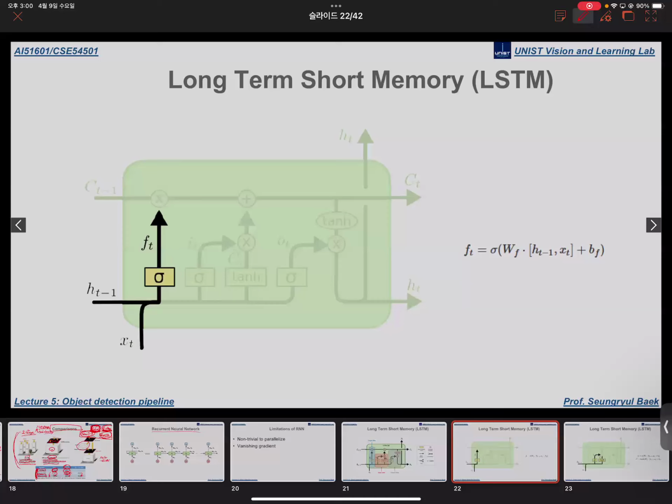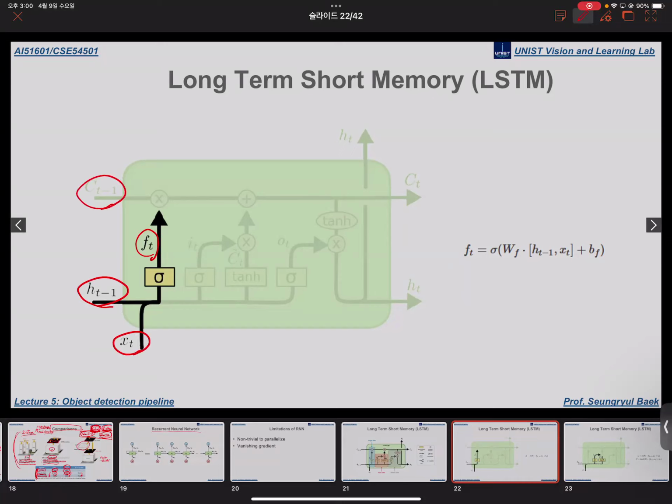So here, we will first infer some intermediate output by combining some of the input.